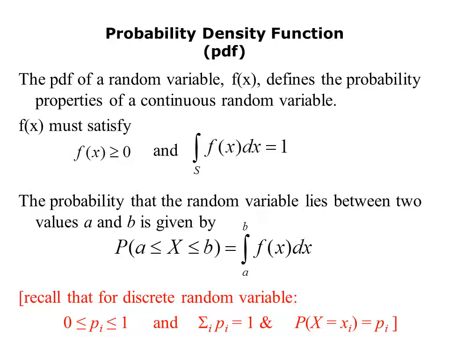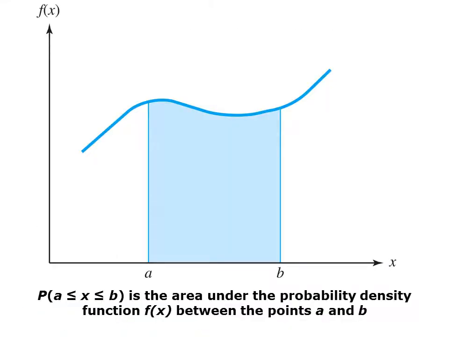So, for example, on the dice, you would never ask what's the probability that the roll of the dice would be between 2 and 3. It was either going to be 3 or it was going to be 2. Can't be anything else in between. When looking at probability, then, we have to calculate this area. And as you know, that means we need to integrate the function between the points of interest in order to get our probability.